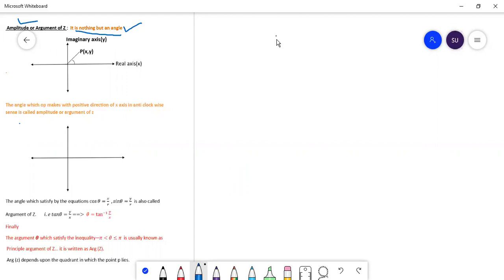Suppose we construct axes: the real axis and the imaginary axis. Let us consider this is the origin, and there is a point P x comma y.